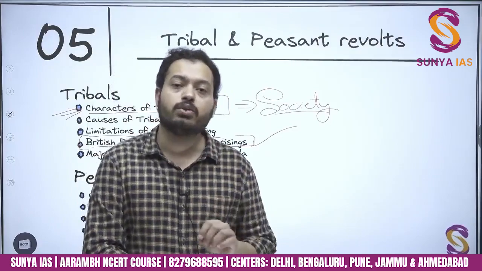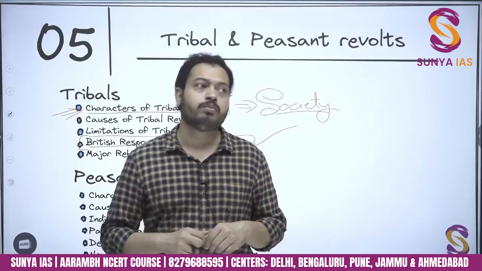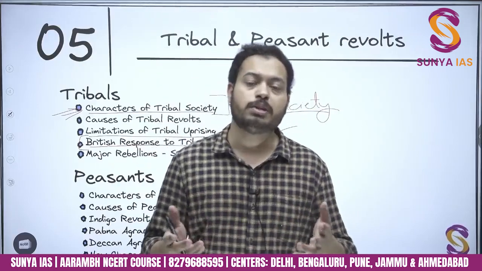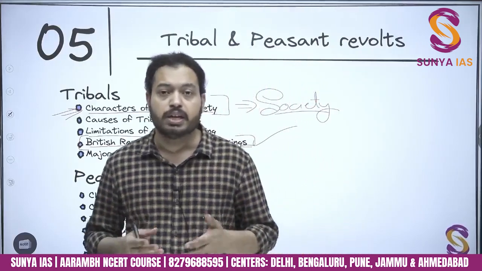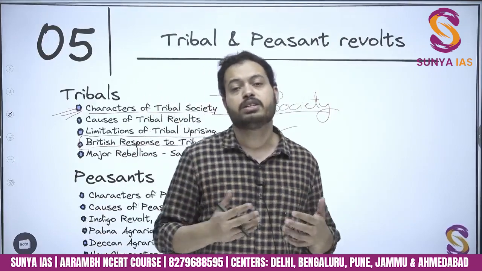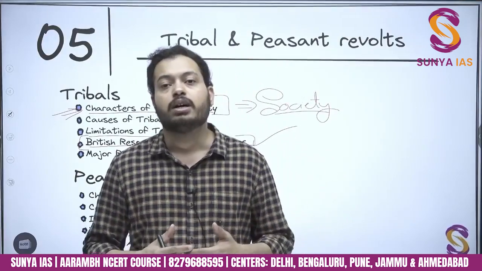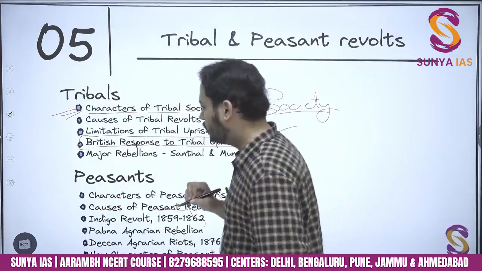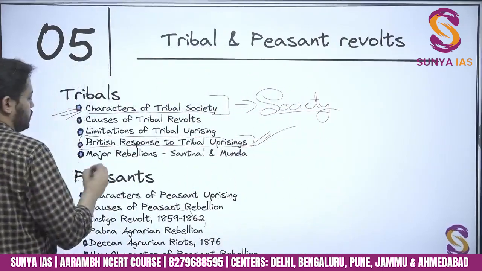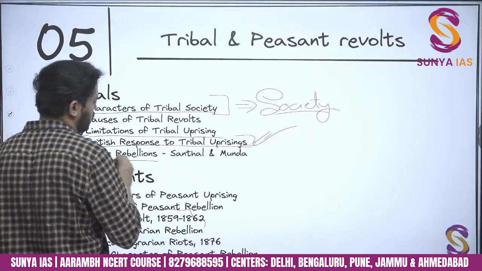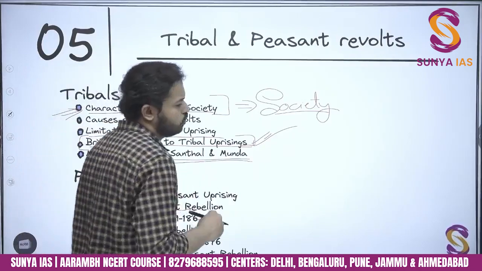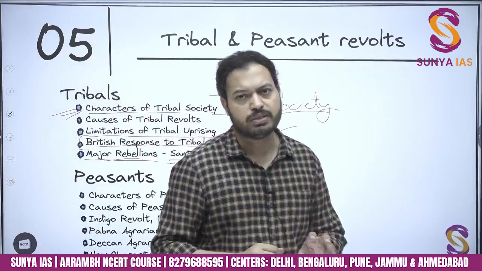So I'll be telling you how, except for a few of the intelligentsia in Calcutta, most of the people actually supported the Britishers in the 19th century when the Britishers were trying to curb the rebellion of the tribals. So we'll be talking about them, and who all collaborated with the Britishers, I'll be telling you that. Then we'll be talking about the major rebellions. We will be talking only about those rebellions which have been directly mentioned in your NCERT.